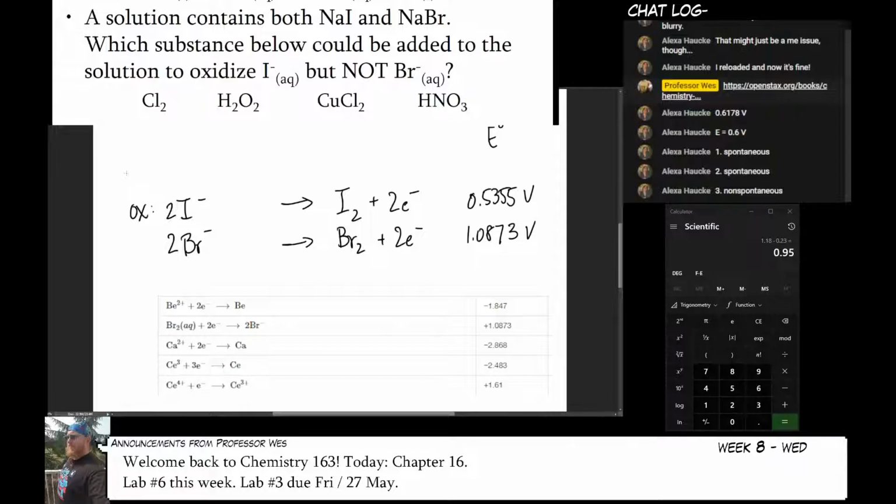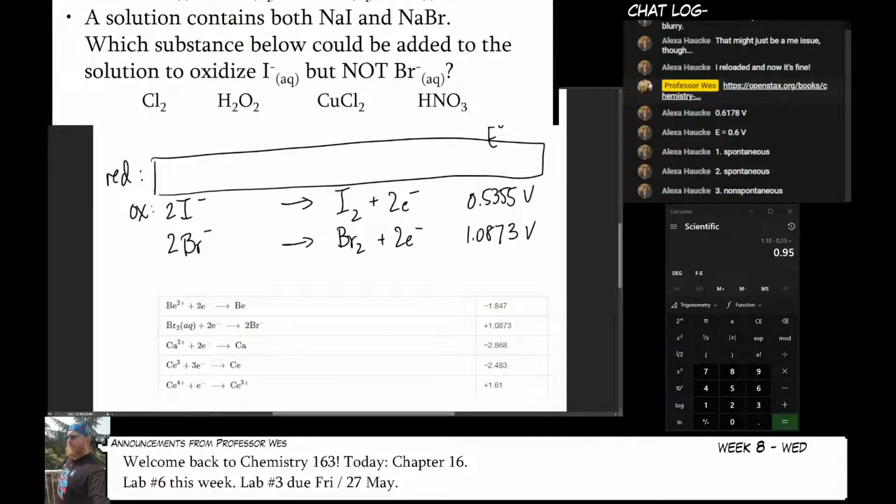Alright. Now, what we need to do is pair something with this, to oxidize iodide or bromide.